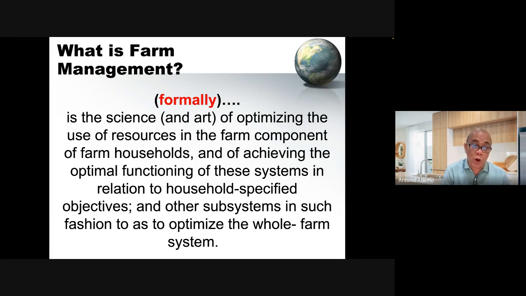Science and art of optimizing the use of resources in the farm component farm household and achieving the optimal functioning of the system in relation to the specified objective of the farm household. If it is for commercial purpose, it should generate surplus. If it is for subsistence farming, it should provide food security for the family. Okay?